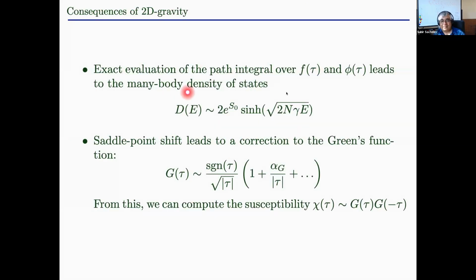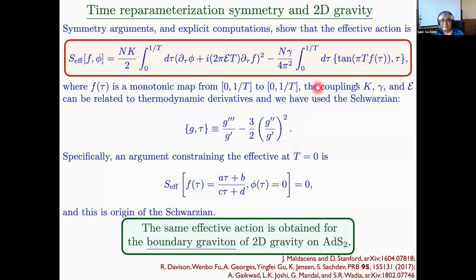And that's how you get this e to the S0 sinh density of states I mentioned earlier. It comes from this path integral of the Schwarzian theory. Okay, and this whole theory is just determined by one coupling constant, which is gamma, which depends on the microscopic UV structure. It's not something we can compute exactly. You have to just determine it numerically.